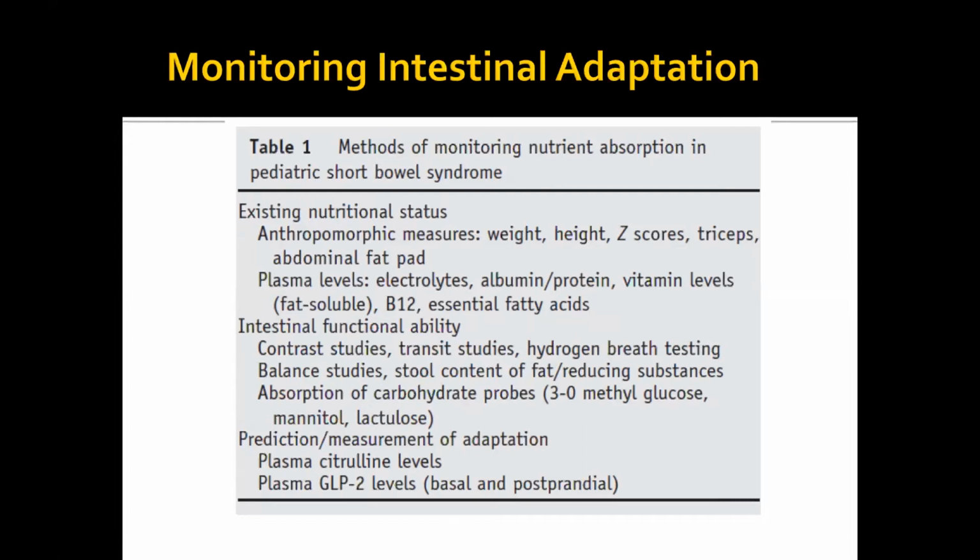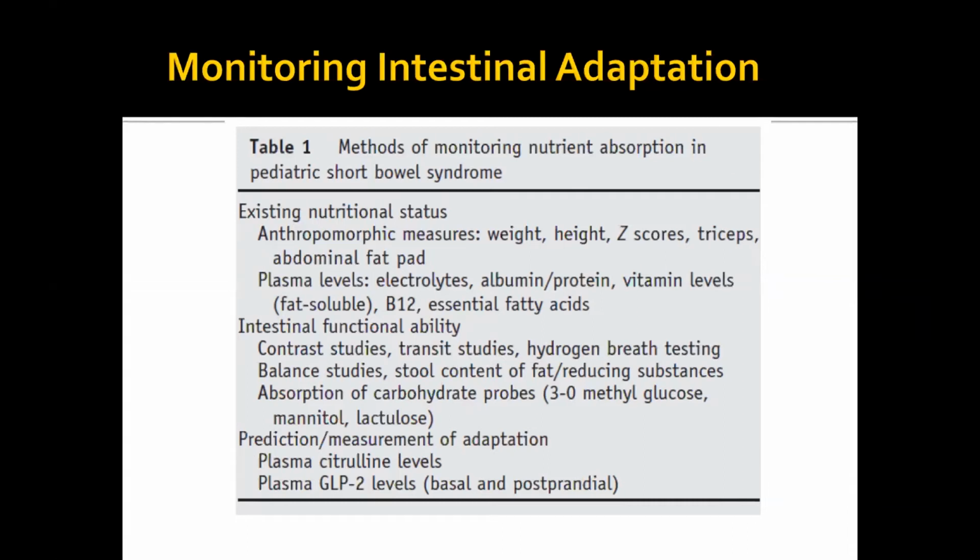Every now and then you need to do contrast imaging to look at the small bowel diameter and the small bowel transit time. Methyl glucose can be used to see how much glucose is being absorbed from the intestine. Blood work that can be useful to measure the amount of mucosa that's being developed is the plasma citrulline level, a byproduct released by the intestinal mucosa.